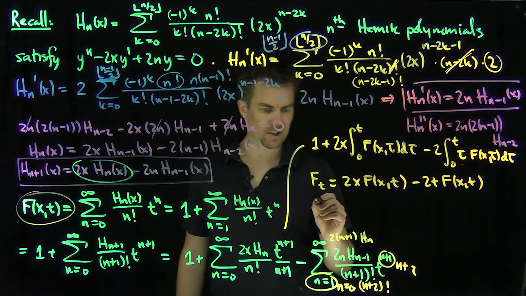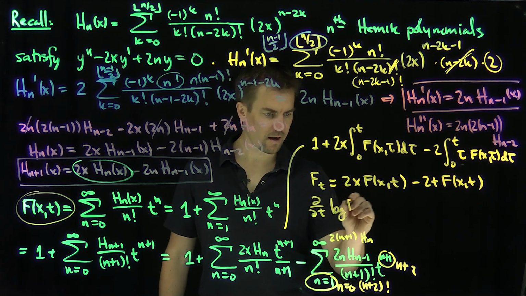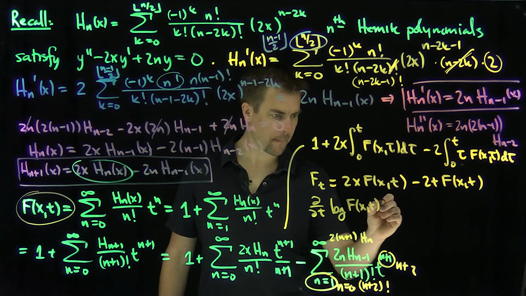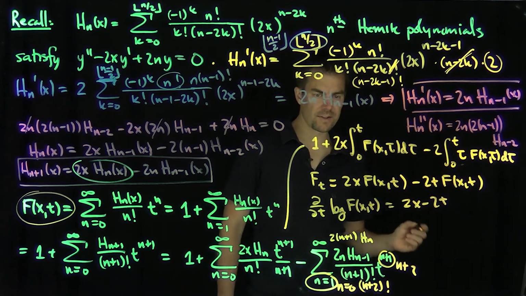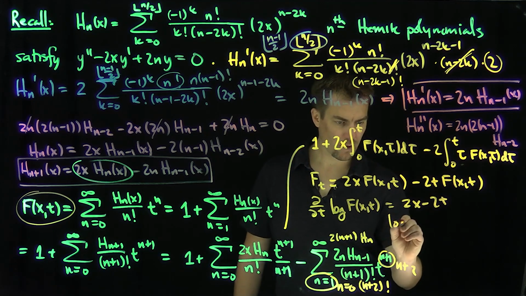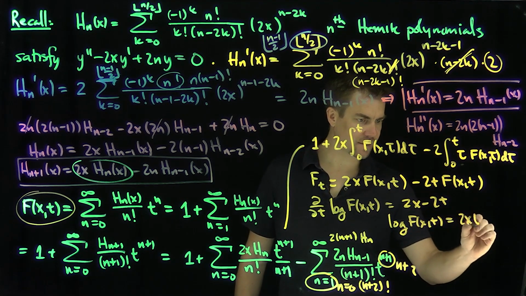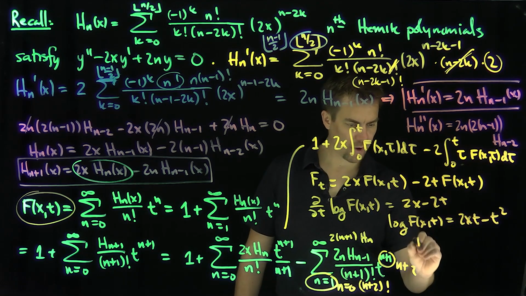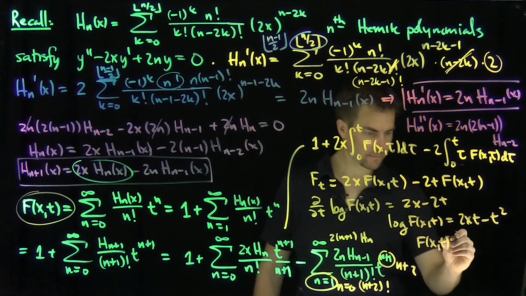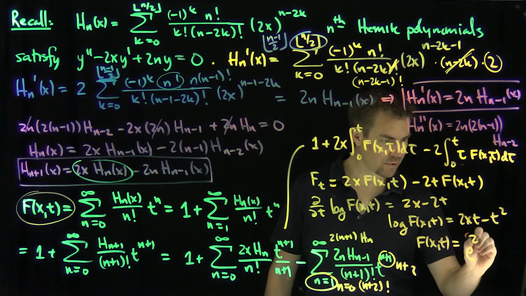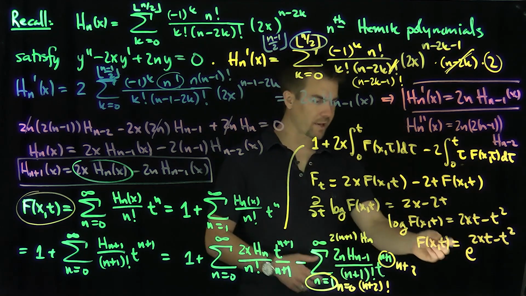And so what this tells me is that d by dt of the log of f of x, t is equal to 2x minus 2t. So that says that the log of f of x, t, when we integrate this, is going to be 2xt minus t squared. So f of x, t is going to be a constant which depends on x, e to the 2xt minus t squared over here.